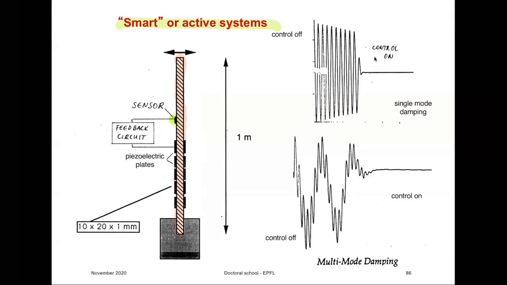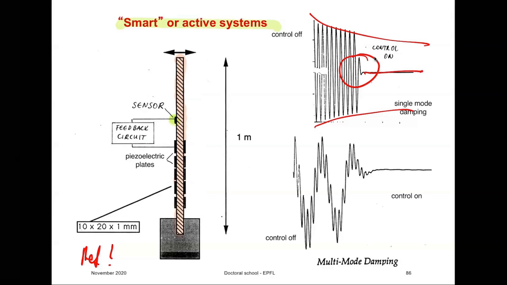So here is an illustration. I'm sorry, I don't have a reference, but if you look up vibration control with piezoelectrics, you will find such examples. So if you don't have a control, it will take a long time for damping in the material. However, with the control, this happens within a millisecond. You see it vibrating, and suddenly it stops vibrating, and vibrations are zero.